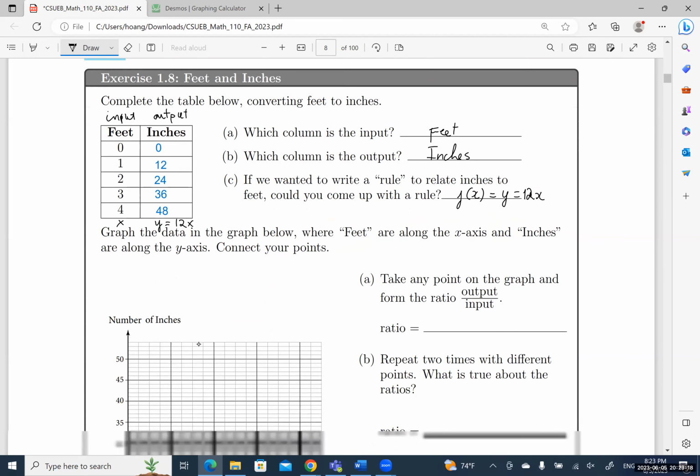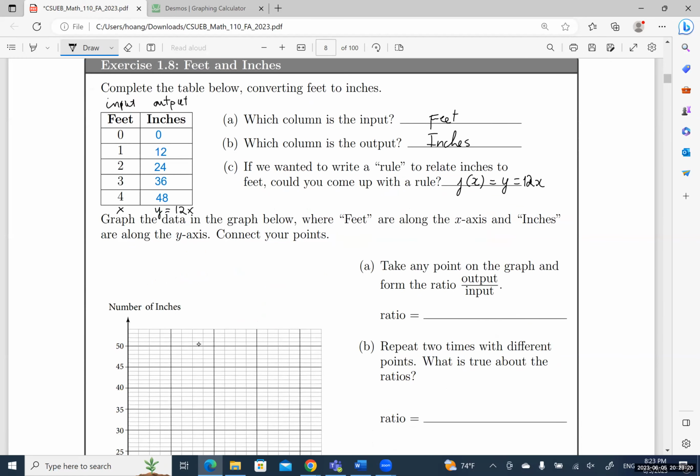So now let's go ahead and graph the data.